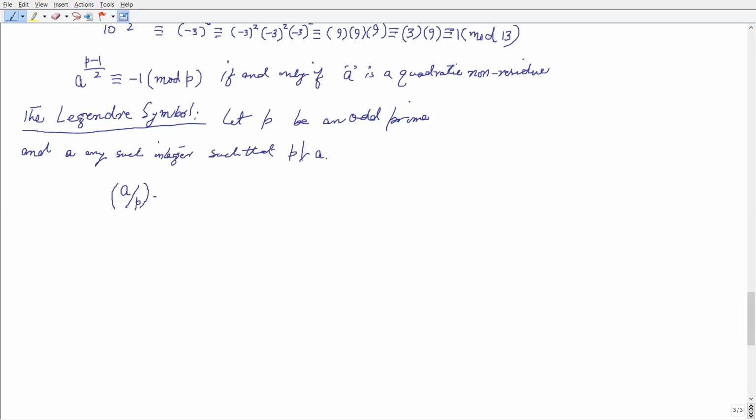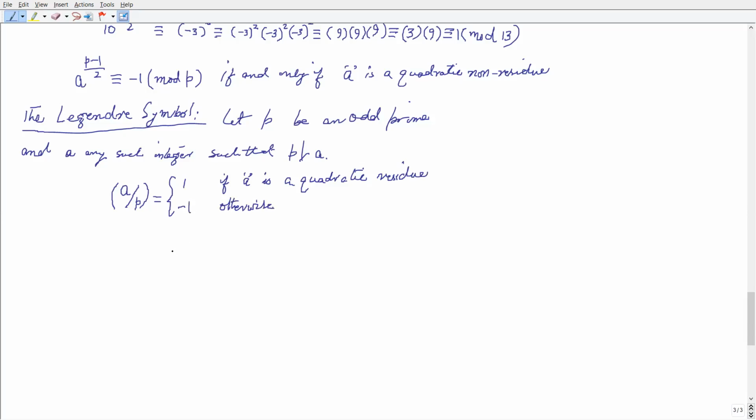The value of the Legendre symbol is 1 if A is a quadratic residue, and minus 1 otherwise, meaning quadratic non-residue.